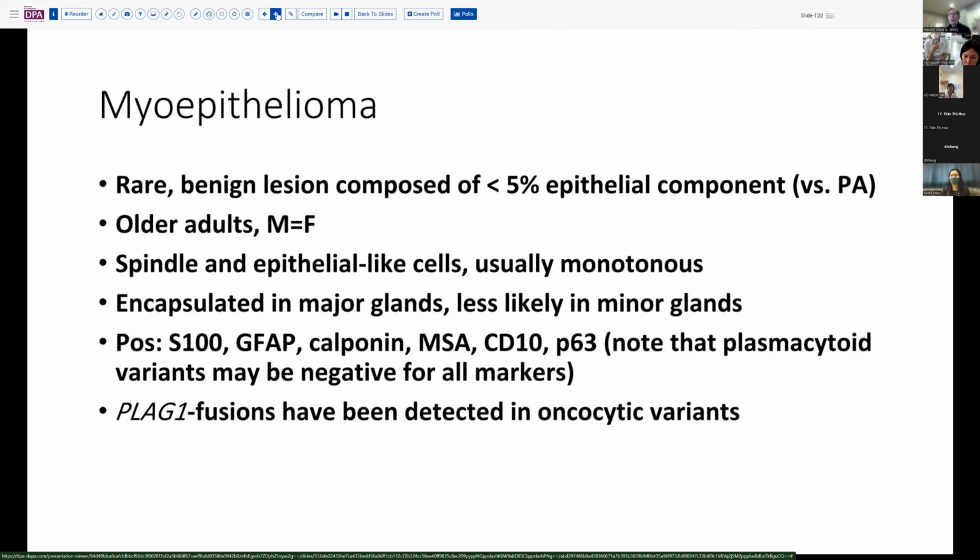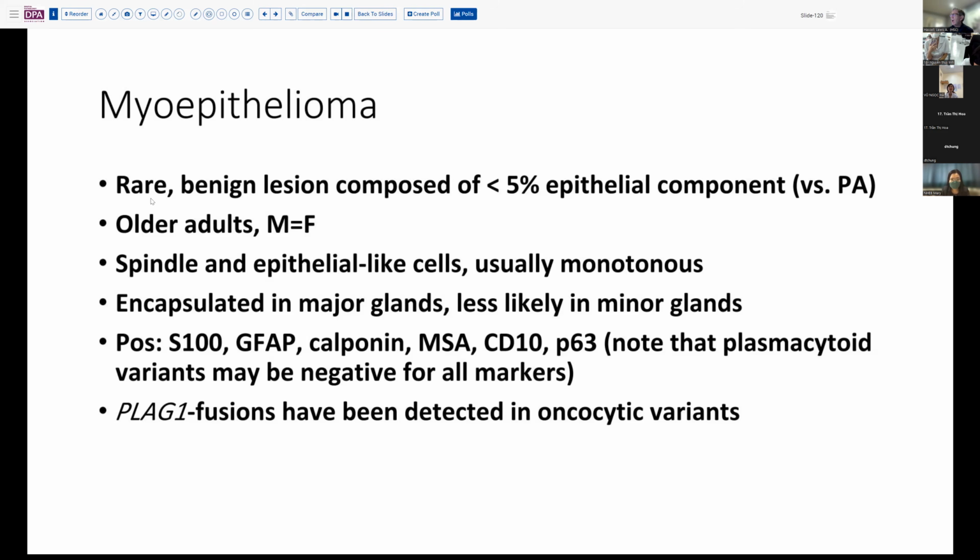All right, well, let's go on to a much more frequently encountered lesion, the myoepithelioma. And of course, this is a category of cells that are seen in the salivary glands and also in other areas in the body, particularly the breast and so forth.